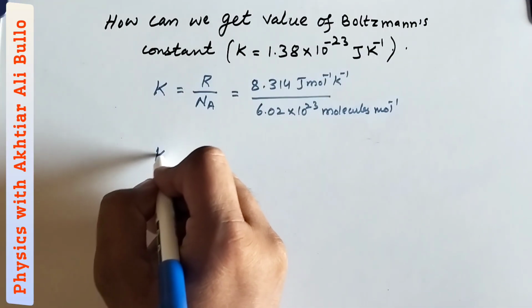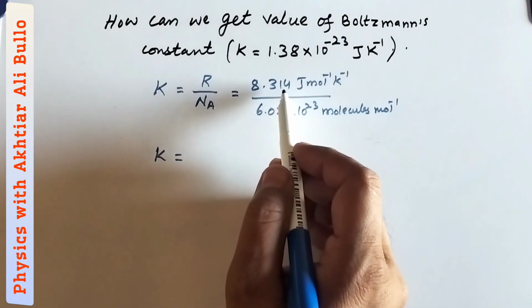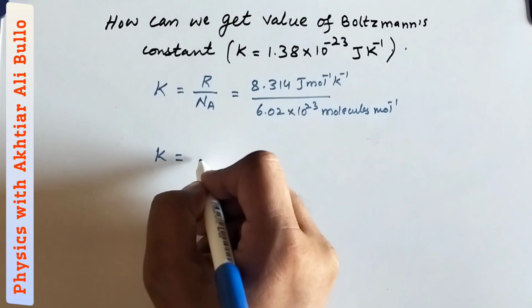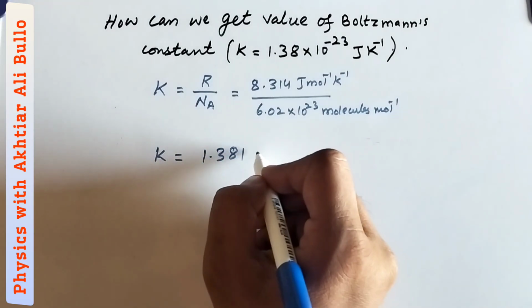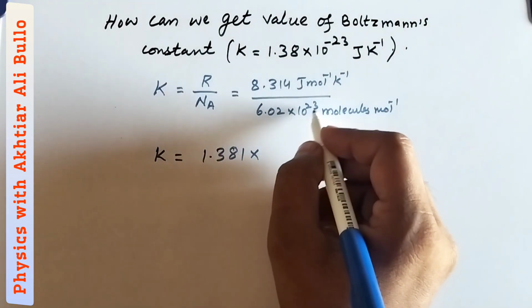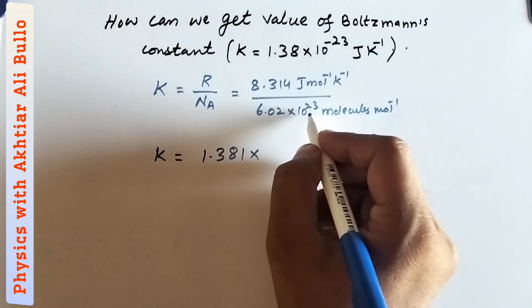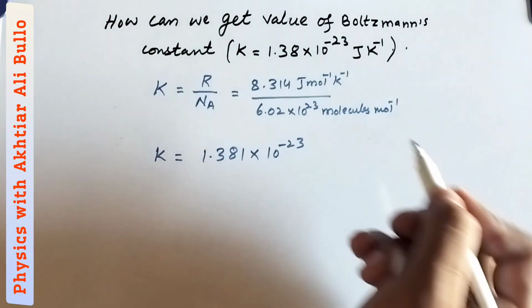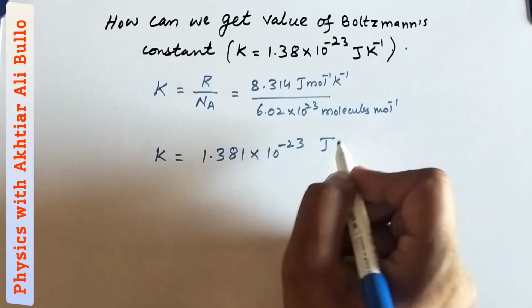The value of the Boltzmann constant will be, when 8.314 is divided by 6.02, we will get 1.381, and when we take 10 raised to the power 23 from the denominator to the numerator, it will be 10 raised to the power minus 23.